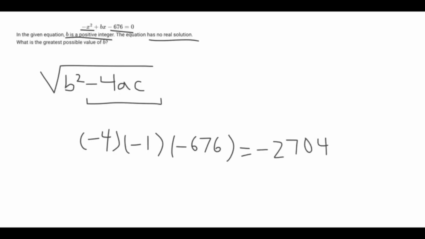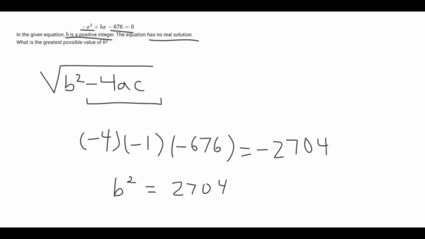So as we talked about before, we need to know that the value of b squared has to be less than 2,704. But it has to be the greatest possible value. So what we can do is just set b squared equivalent to 2,704. Not negative 2,704, because this has to be a positive value in order to be subtracted, right?